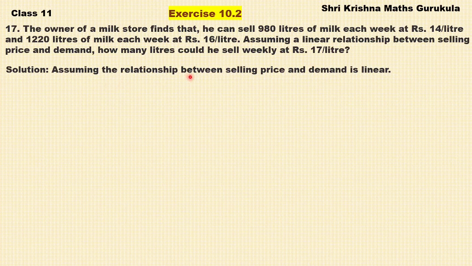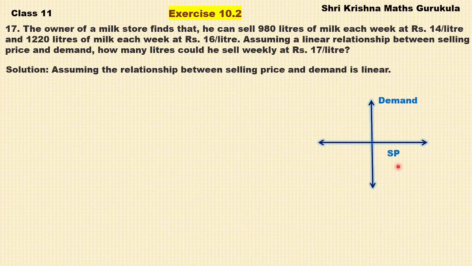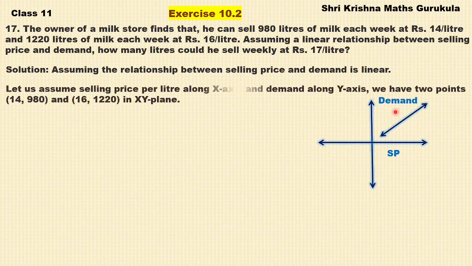So assuming the relationship between selling price and demand is linear, I have written whatever the statement is given. Now we'll consider the rectangular coordinate system, and along the x-axis we will consider selling price, and along the y-axis we will consider demand for the milk. From the data, this is the selling price and this is the demand, so we get a point in the rectangular coordinate system, that is (14, 980), and again selling price and demand of the milk, (16, 1220).